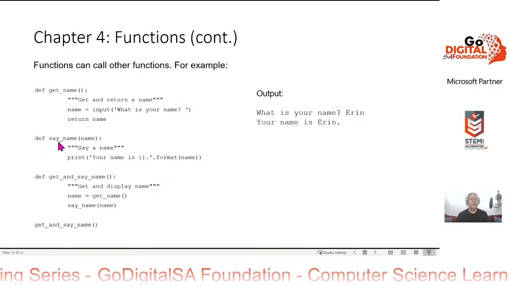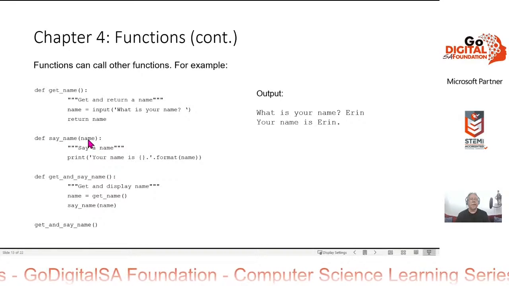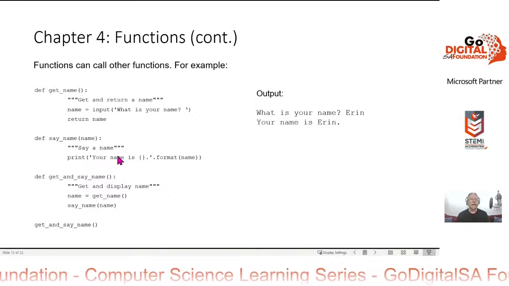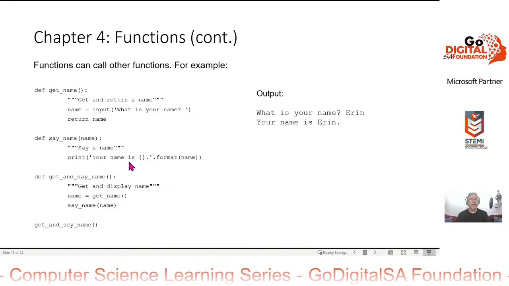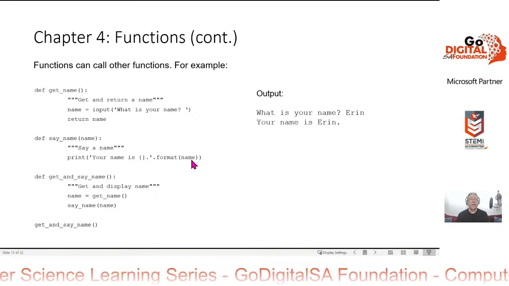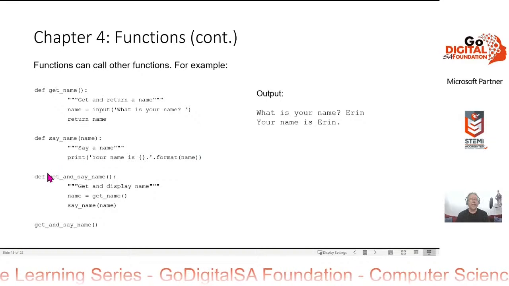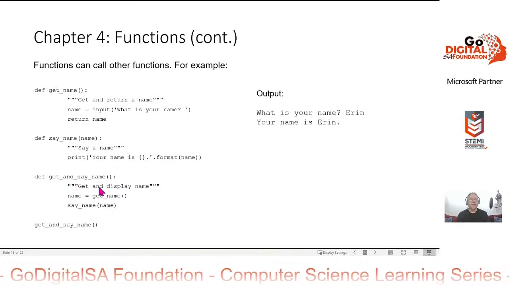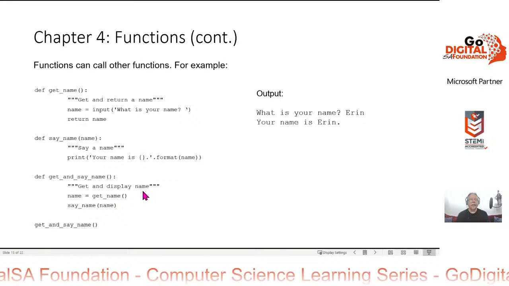Now we've got another function, say_name, and we pass it a parameter name, and the docstring is say name. We're going to print your name is and the value of name. And we've got a third function, get_and_say_name. Docstring here is get and display a name.